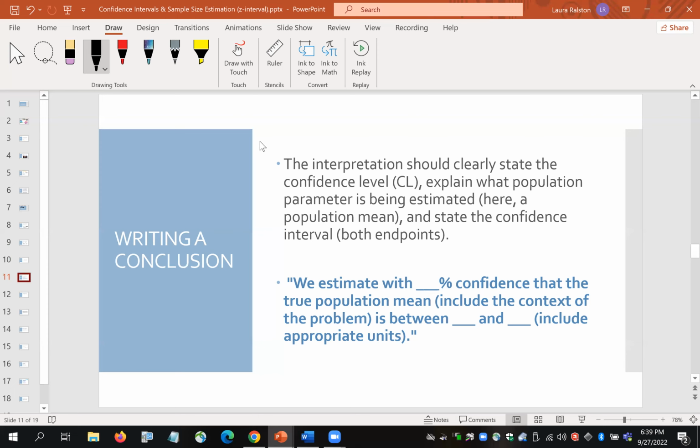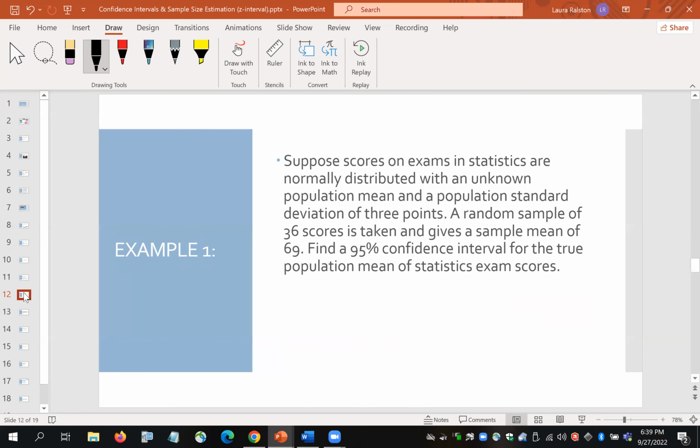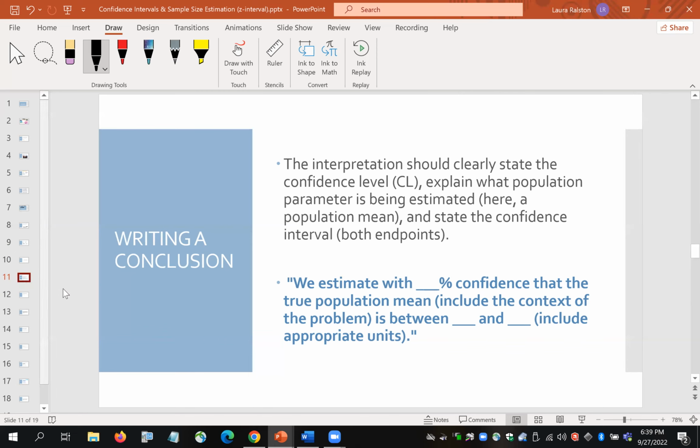Some of you in the past have tried to get fancy with your wording of the conclusion or the interpretation. My suggestion is you stick with what Miss Ralston has said. Then we're going to get into some examples.